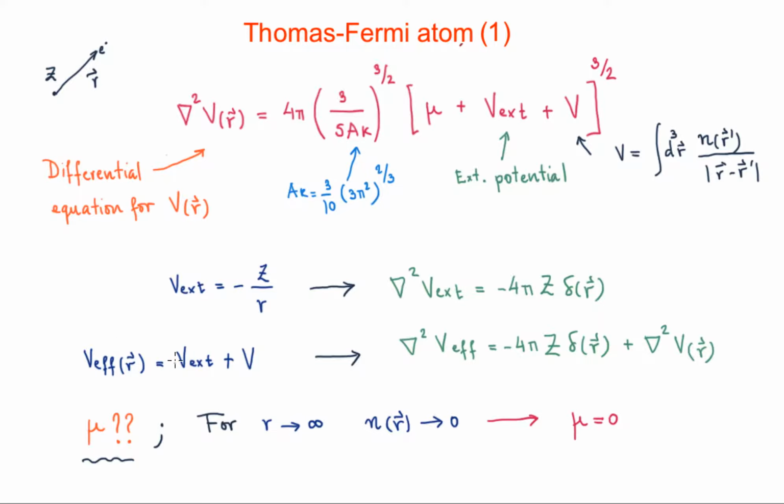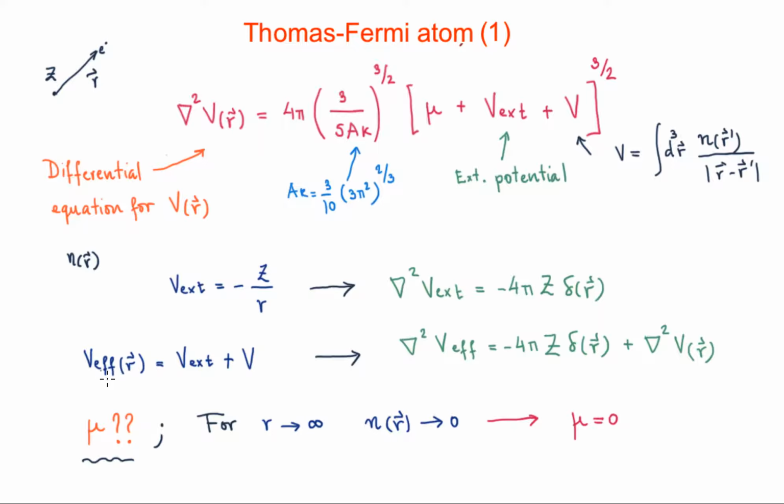And the effective potential is going to be the external potential plus the induced potential. Remember, the induced potential was the potential that the electronic density of charge n(r) created. So it is the potential induced by this electronic charge density.